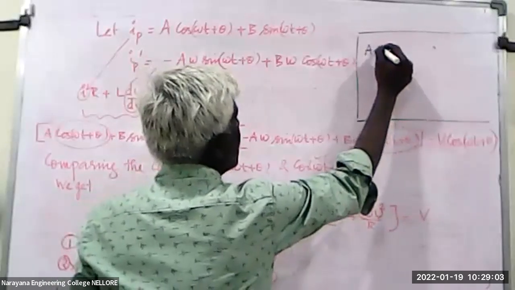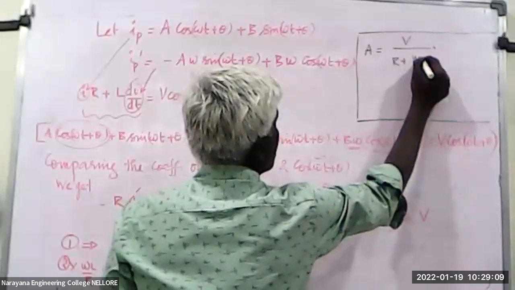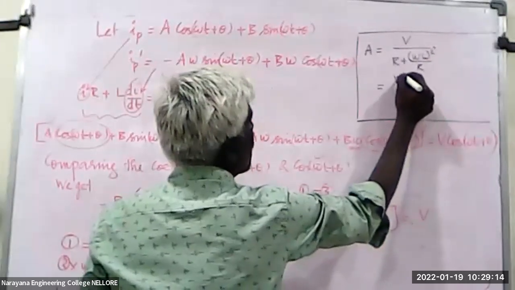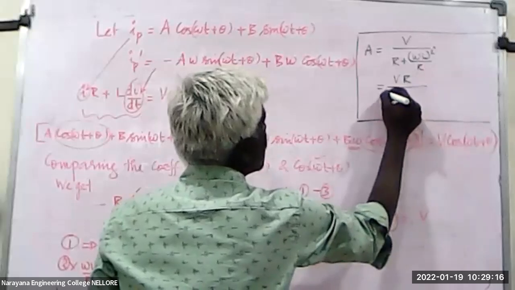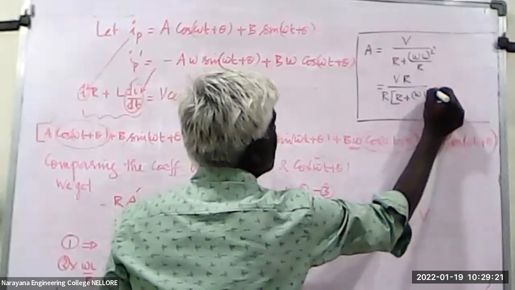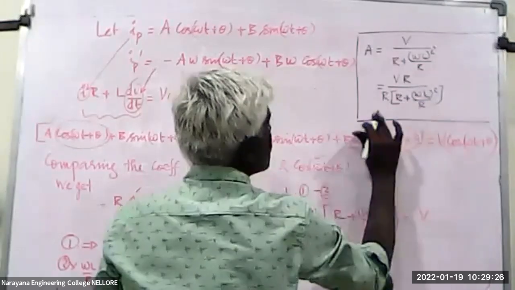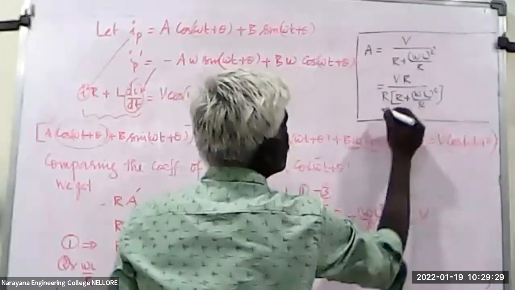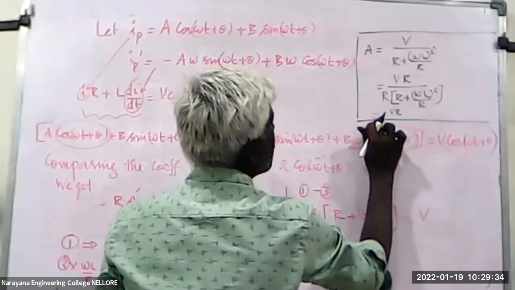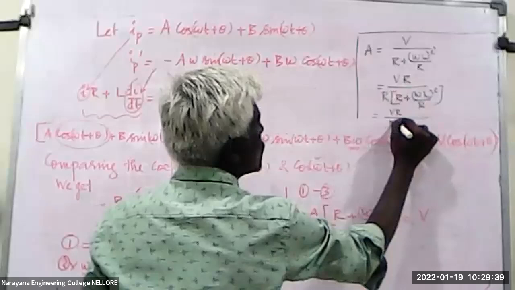So I take A here, which is equal to B divided by R plus omega L the square by R. I multiply and divide by R. So VR by R into R plus omega L the square by R, which is equal to VR by, when you take R inside, you get R square.